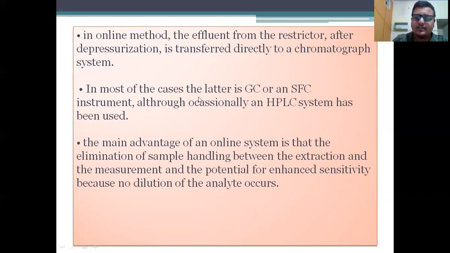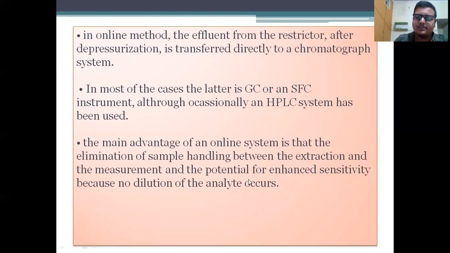So, in most of the cases, a gas chromatography or supercritical fluid chromatography instrument, although occasionally an HPLC system, is used in order to quantify and identify the various components present in the given analytical sample in the online extraction method.